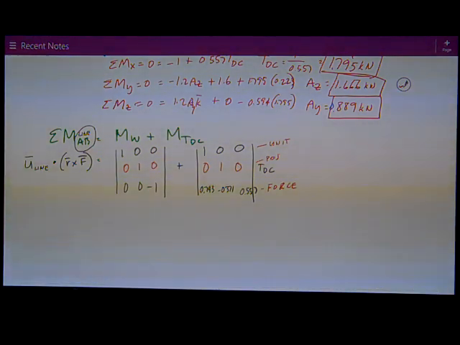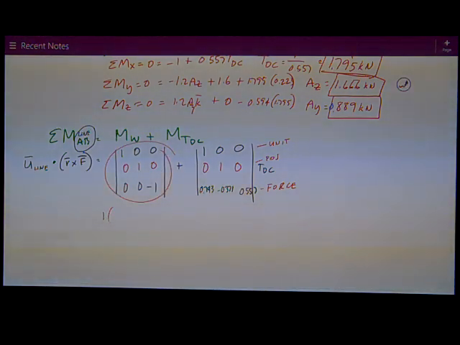This works out to be, the only term I have in this first determinant is 1 times 1 times negative 1. Everything else goes to 0. Remember, this is just a scalar. It has no I's, J's, and K's. So that works out to be negative 1. Plus, this has also got a whole lot of zeros in it, and the only term that I have is 1 times 1 times 0.557 TDC.